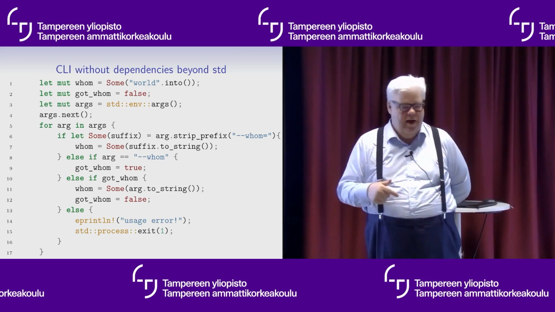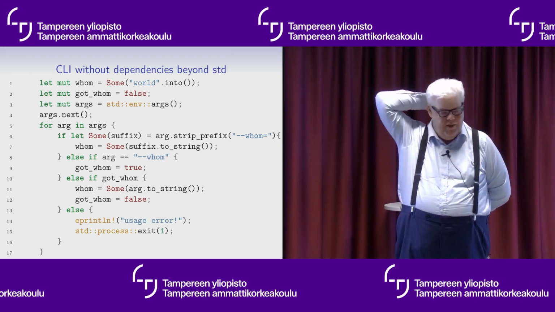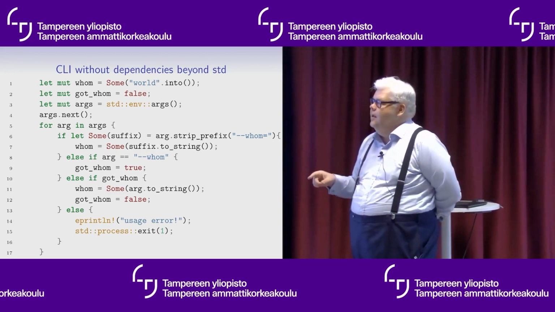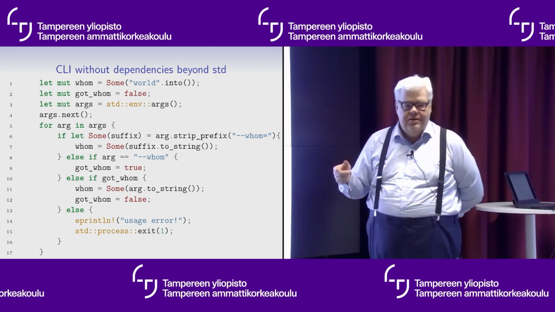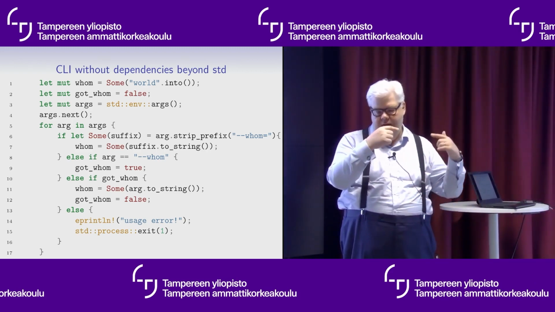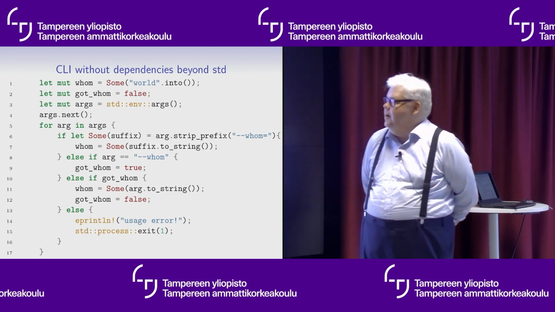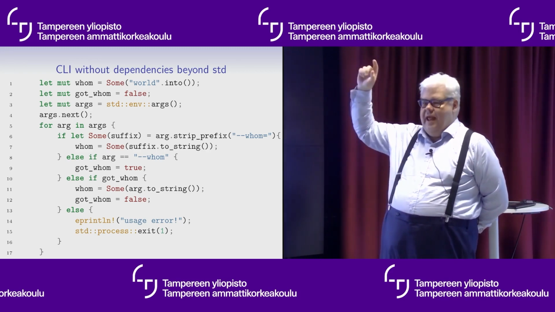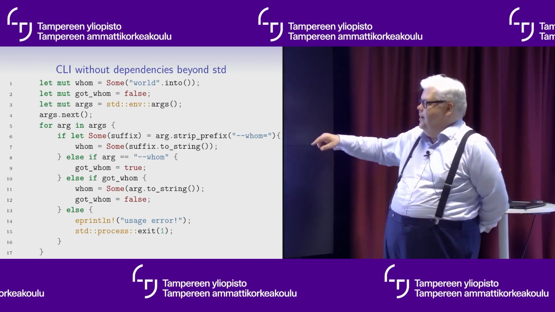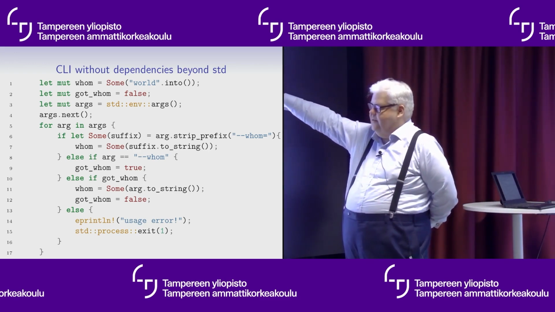In the Rust standard library, on line 3, you see a way to get an iterator over all the command line arguments. And in order to parse those, you iterate over those and see if the command line argument is what you want to have. On line 4, you skip the name of the program because that's always the first one. And then you check if the command line argument starts with --whom=.